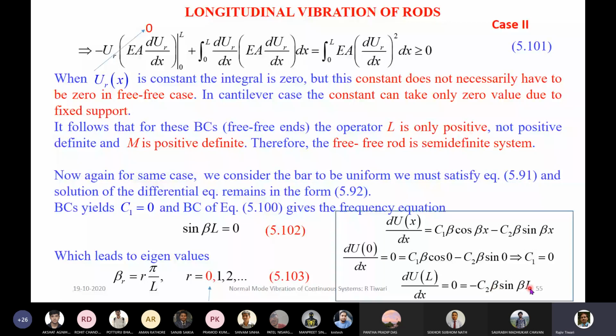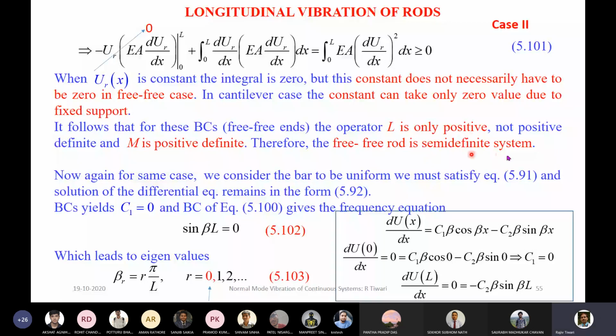So here, as compared to the previous case, we have the 0 also. Earlier we started with 1, 2, but here beta can also be 0. That means one of the natural frequencies can be 0, which we already know for a semi-definite system.